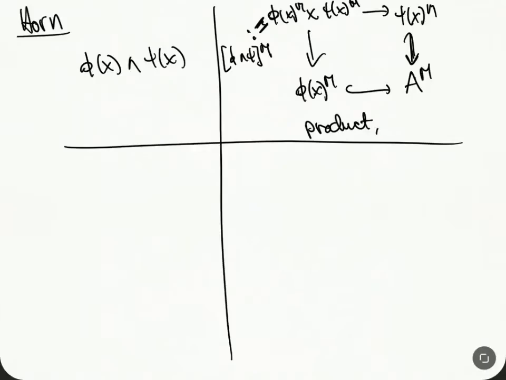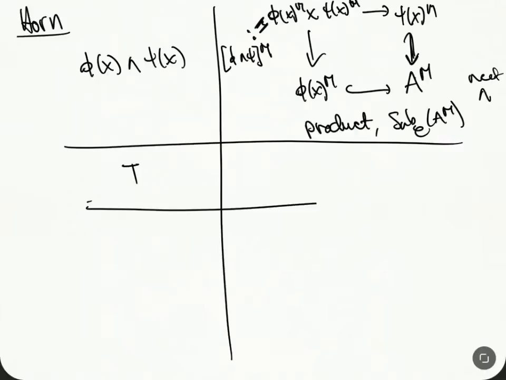Or you could say it in another way: it says that Sub C of A to the m needs to have this meet operation. Okay, the one for disjunction is true too, but let me just say this. So let's start with true, since we're sticking with Horn formulas.